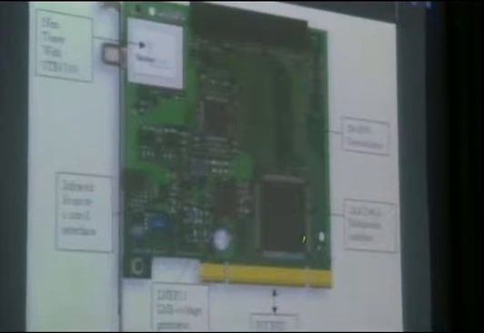So you have the zero IF tuner, the demodulator. This is the STB0899 from ST Microelectronics. And this is just the multimedia interface, the SAA7146.